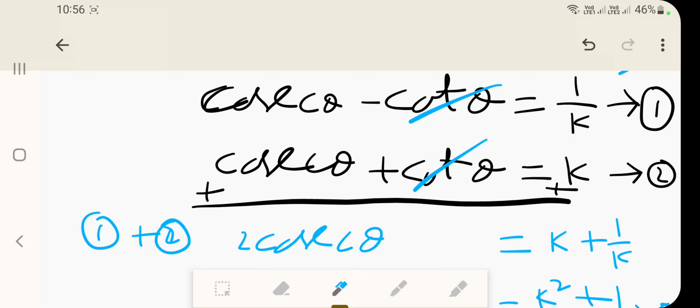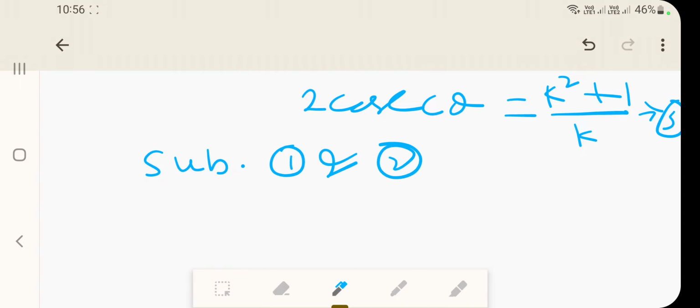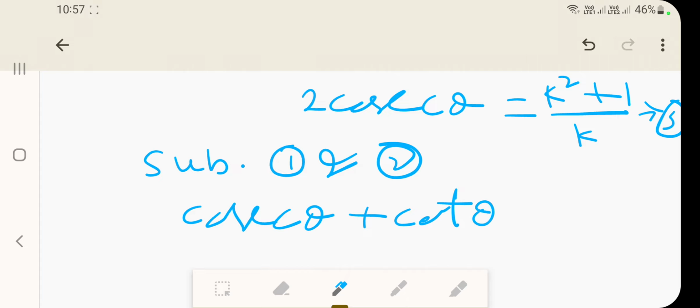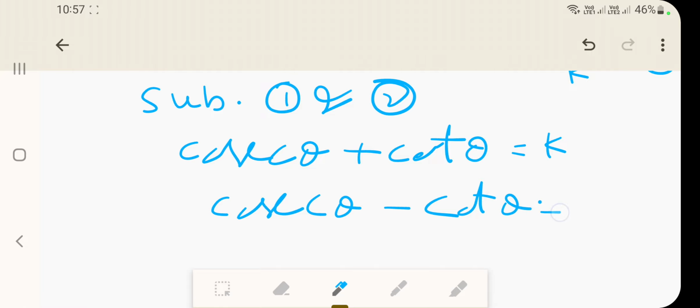Another thing we are going to do is the subtraction of these two, subtracting equations 1 and 2. When we do the subtraction, we have cosecant theta plus cot theta, which is equation number 2, equal to k, and cosecant theta minus cot theta, which is equation number 1.